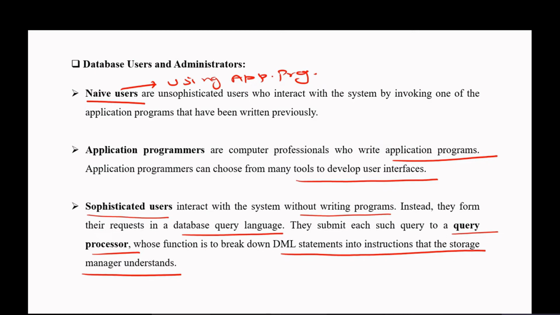Simply, when you give a query, like in a program, it will be compiled and given to the execution engine. That execution engine will check the syntax and execute it. Is it clear? So three categories: naive users, application programmers, and the sophisticated users, those who know how to write the queries.